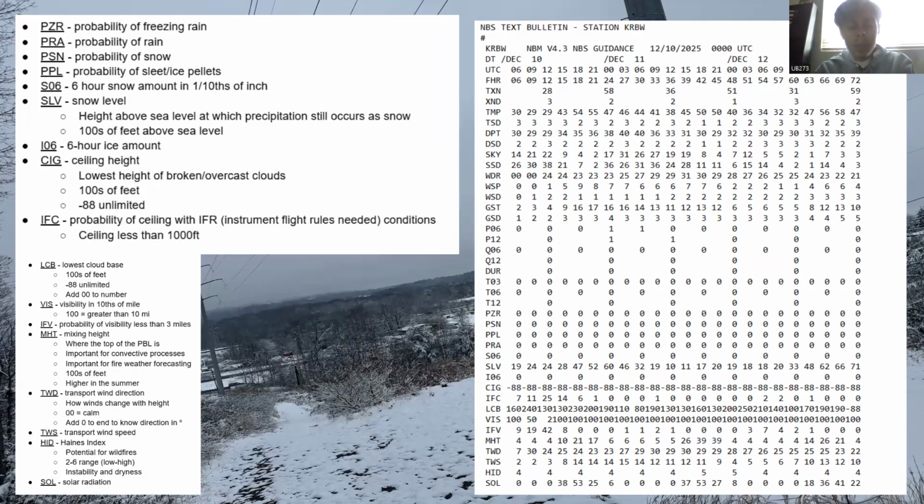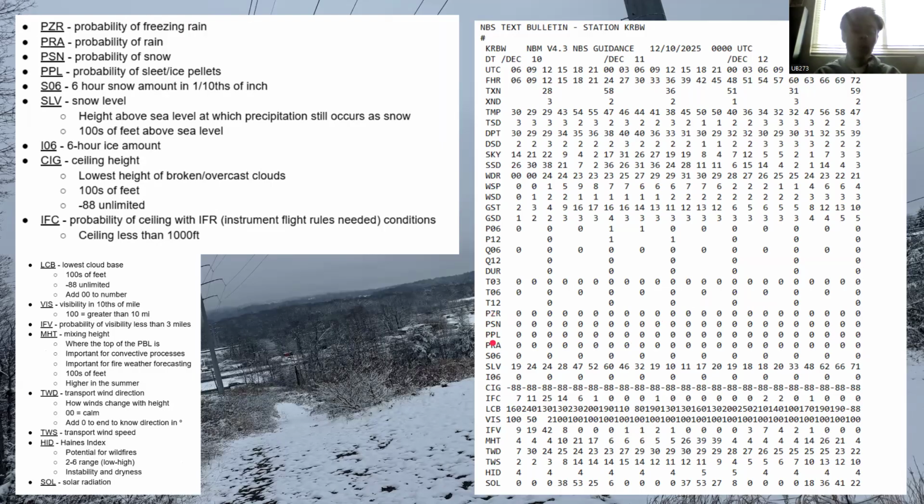All right. Now, PZR, PRA, PSN, PPL, those are very important, and they are all zero in this case, which isn't very useful. I guess I should have looked at the data before I did that. But these are these four right here.